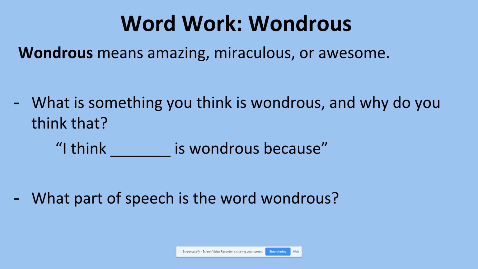And when we use a word to describe another object, what part of speech is that? Is it a noun? Is it a verb? Is it an adjective? That's correct. Adjectives describe nouns, and brain is a noun. And when we say the wondrous brain, we are telling how wondrous we think the brain is.